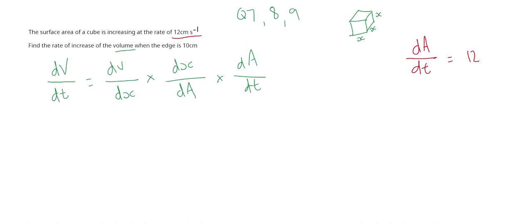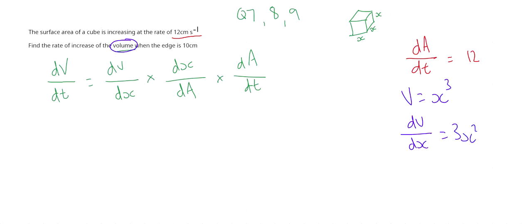Okay, so let's also look at volume. So I'm going to change colors. So the volume of a cube is easy. That's x cubed. So then what I want is the volume with respect to the length, x, right? So the differentiation of this is, whoops, why did I write 2? Is 3x squared.